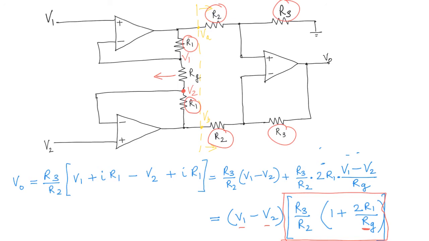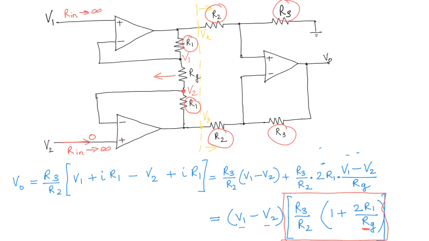Also, look at the input impedance of this amplifier. What is the input impedance? Because we are looking into the input terminal of an op-amp, the current that will go here is going to be 0. So the Rin is going to be infinite. Similarly, the Rin here is also going to be infinite.